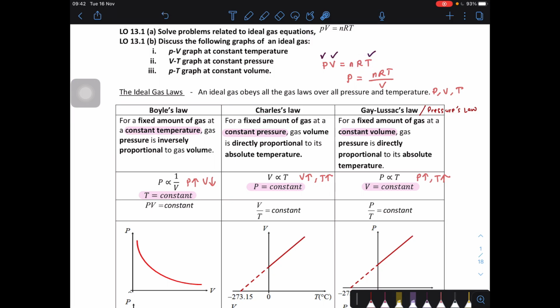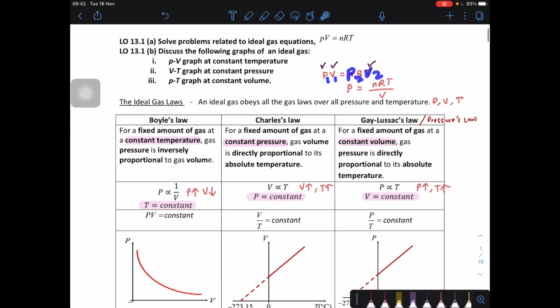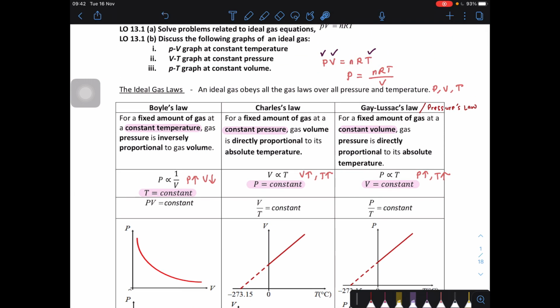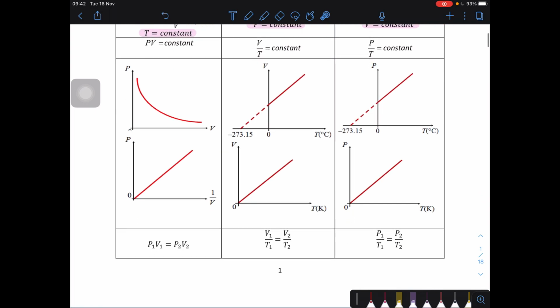So meaning that kita akan dapat P1V1, P2V2. So kalau volume yang constant, sorry here. So if volume yang constant, so kita akan dapat P1 over T1. Yang lain semuanya akan jadi dekat sebelah kanan. So ni adalah constant. So that's why kita akan dapat P1T1 equal to P2T2. This one lah.